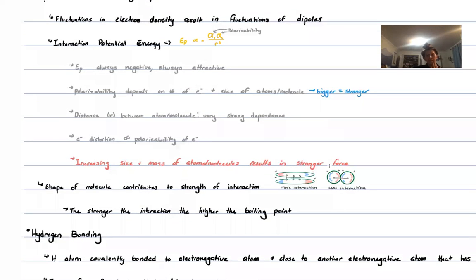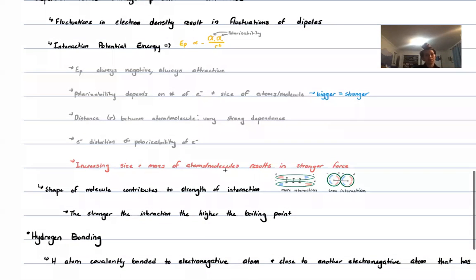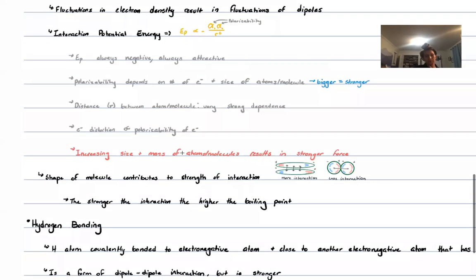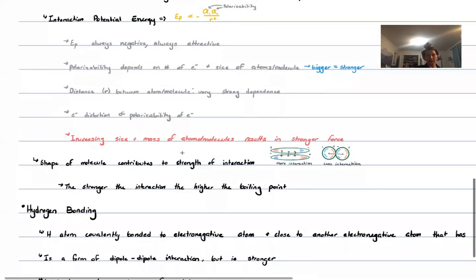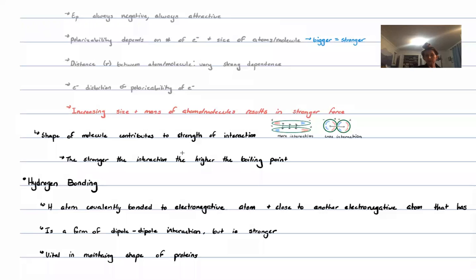And one of the main things to know about this is that increasing the size and the mass of the atoms and the molecules is going to overall get you a stronger interaction potential force. One of the things I do remember him talking about, but I don't think we saw it on the test very much, is that the shape of the molecule also contributes to the strength of the interaction.